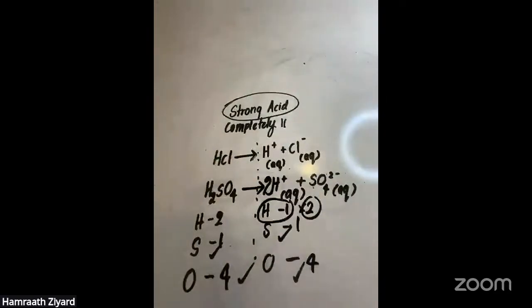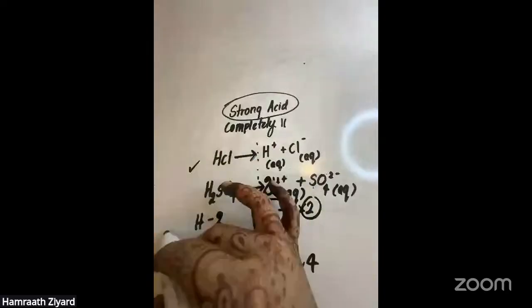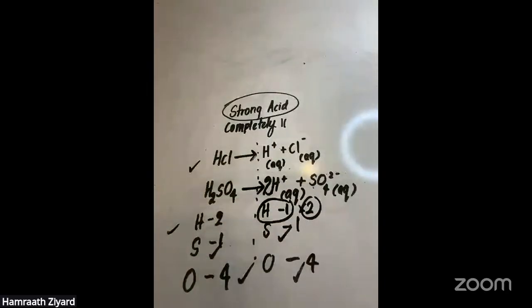So this is how you show chemically that they are completely ionized. You should be able to identify what ions are present in this compound, and if you know the ions with their valency, then that's fine. So that's it about the strong acid.